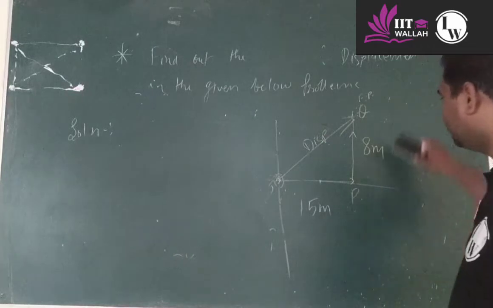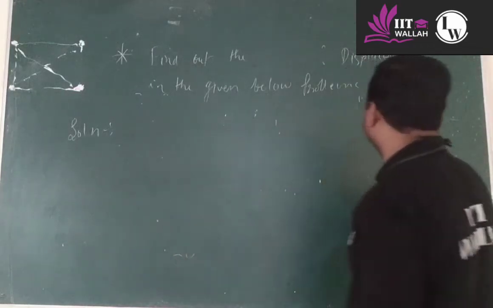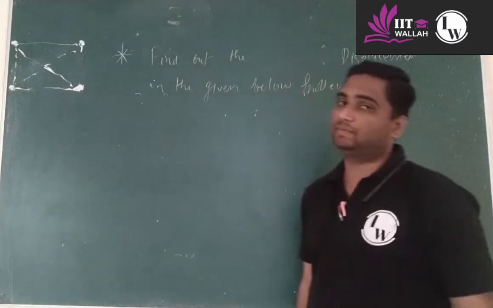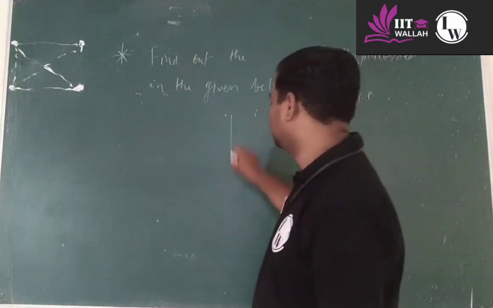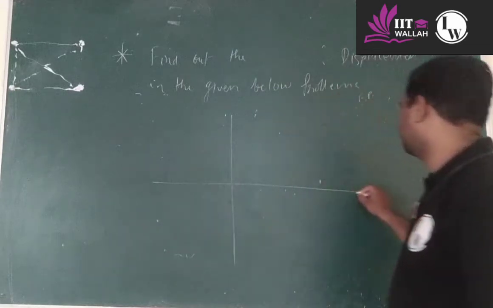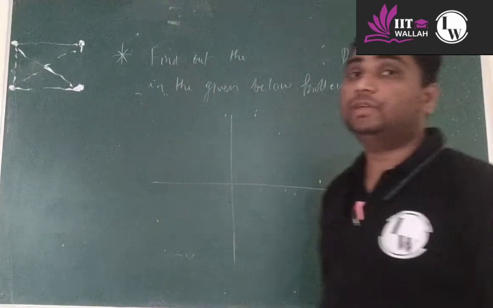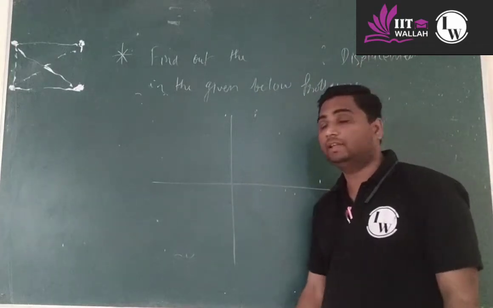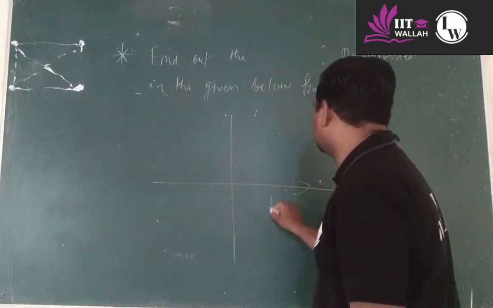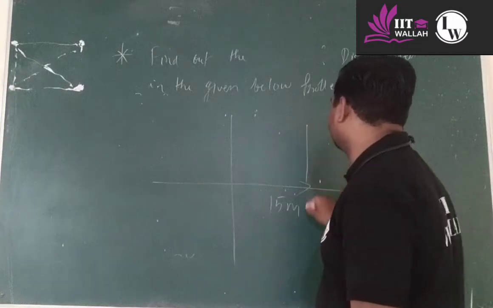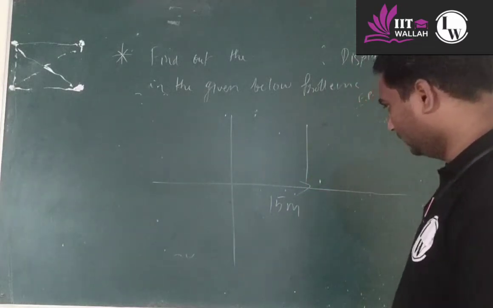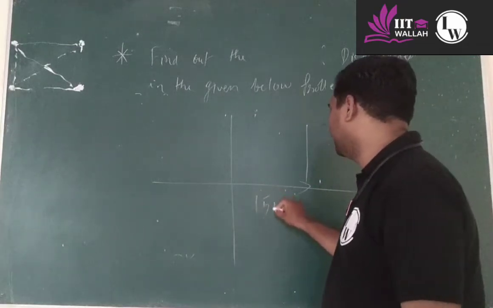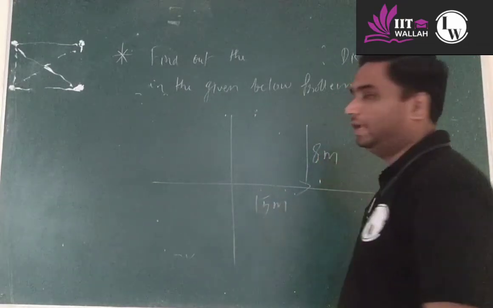Now write down the question, and you have to find the same displacement only. Suppose that also if you have to find in which direction the body will travel, then in the same question, this is the 15 meter and this is given to you 8 meter.